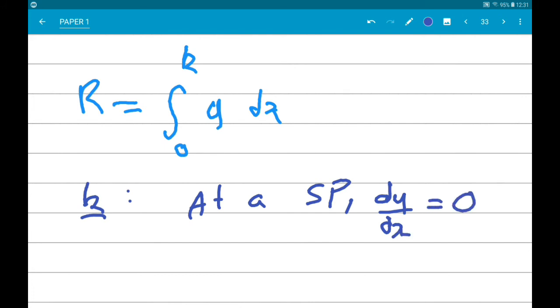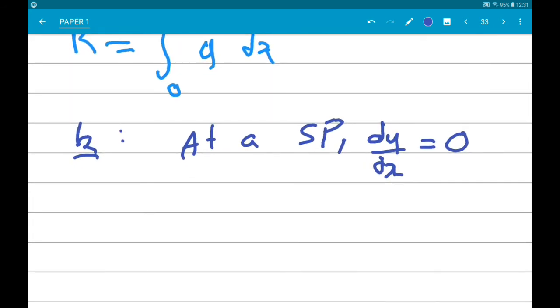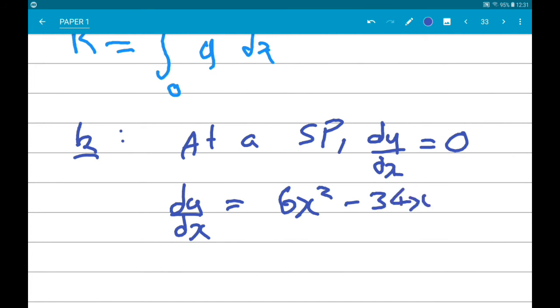Okay, so let's find dy by dx. So 2x cubed becomes 6x squared. Minus 17x squared becomes minus 34x. And we get plus 40 at the end.